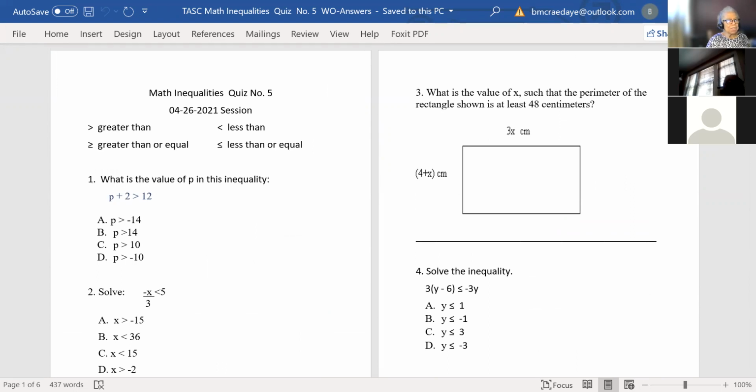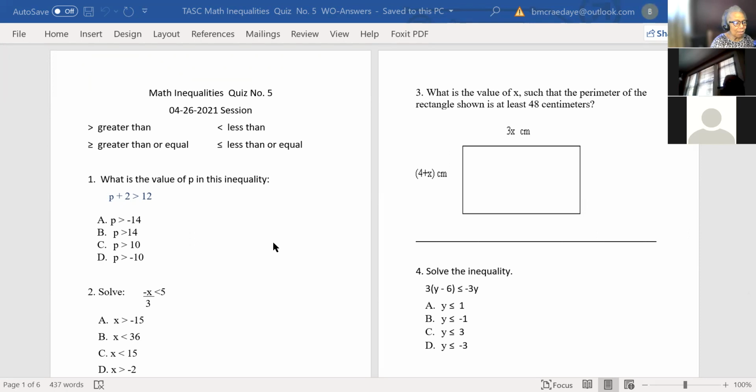Math inequalities, quiz number 5. No, Miss Parker. You don't see it? Okay, new share. Oh, yes, I have it. Sorry. Yes, you see it, right? Math inequalities, quiz number 4. I'm sorry, quiz number 5. We finished number 4. Okay, number 5.